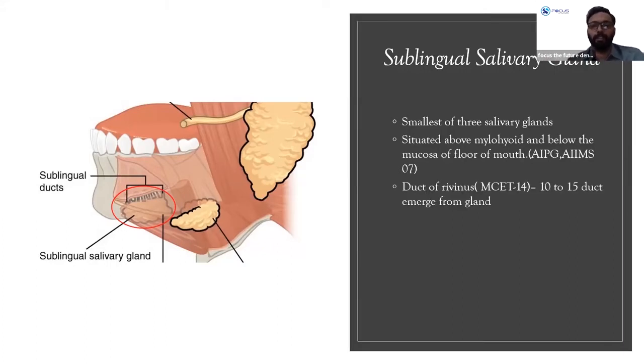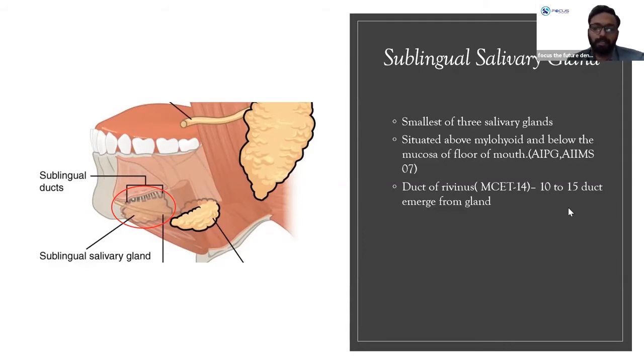Ducts of Rivinus. All of you should understand that ducts of Rivinus is the name of sublingual salivary gland ducts. Have you heard of Bartholin's duct? Yes or no? Oh yeah, many of you have heard.